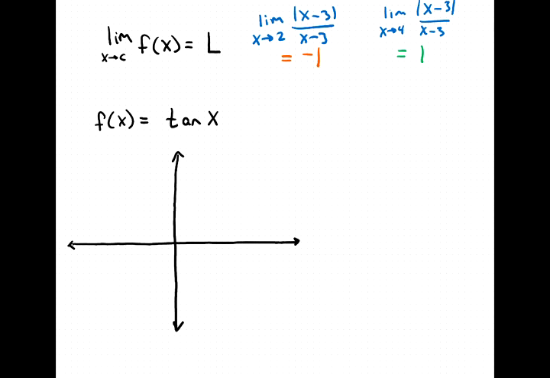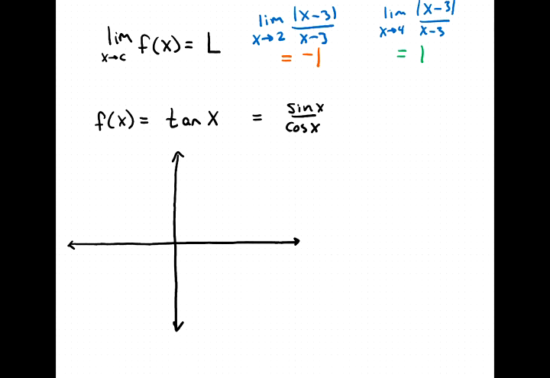The tangent function is equal to sine over cosine, so there are places where the tangent function is undefined. It's undefined when the denominator is 0. So anytime the cosine value is 0, you have an issue with this being undefined.